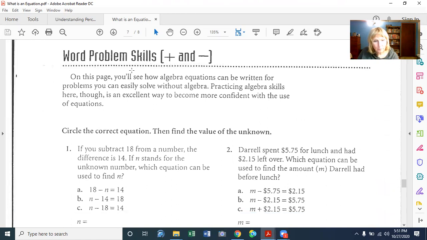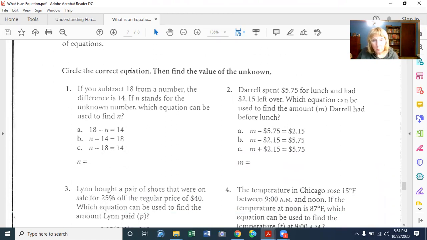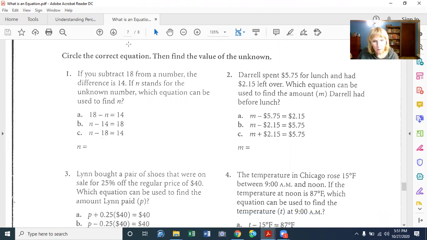So word problems. If you subtract 18 from a number, the difference is 14. If n stands for the unknown number, which equation can be used to find n? Okay, so you have to piece through that little by little. n is going to be our number, but we're subtracting 18 from the number.